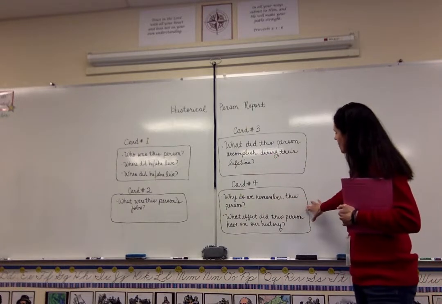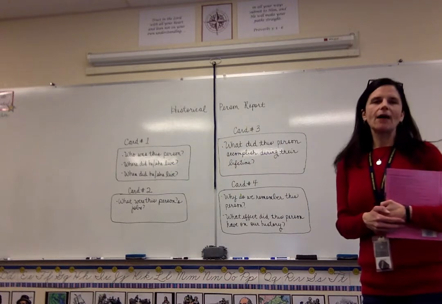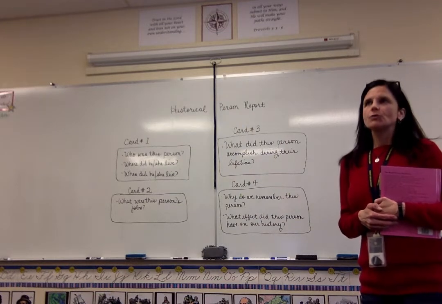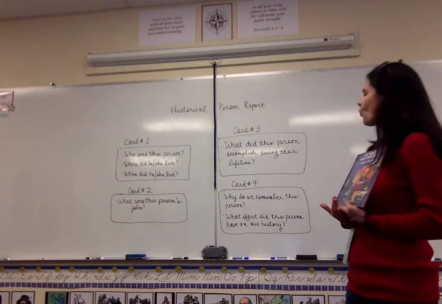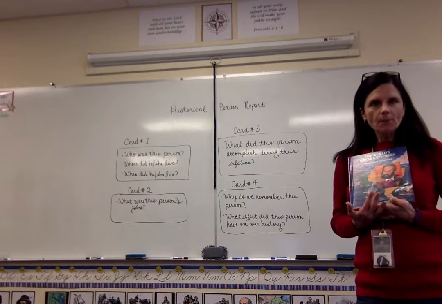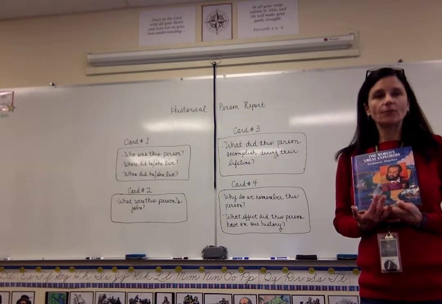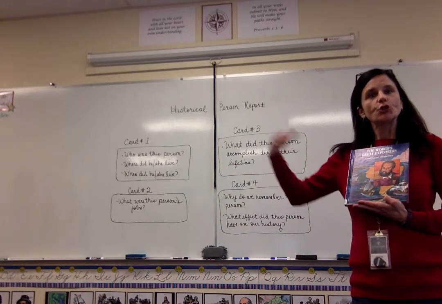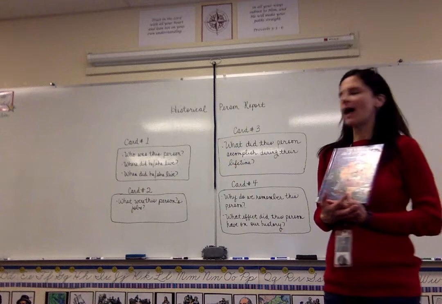And then on card number 4, why do we remember this person and what effect did this person have on our history? If I think back to Magellan, why do we remember him and what effect did he have on history? Well, we remember him because he was credited as manning the first expedition to go east by sailing west. He was actually successful with that.